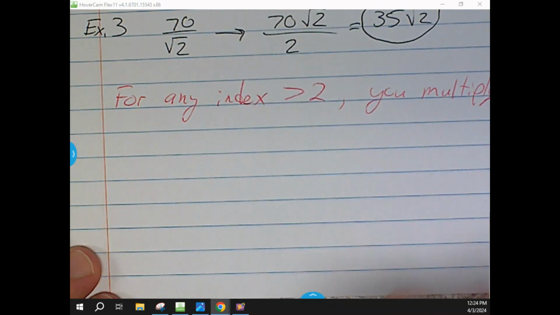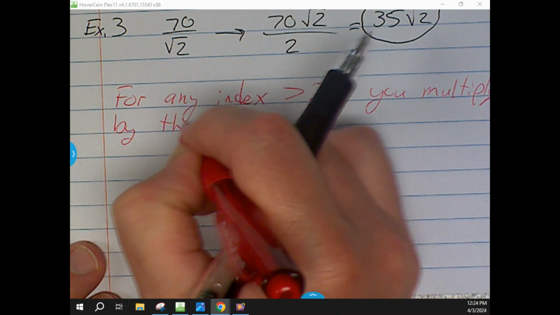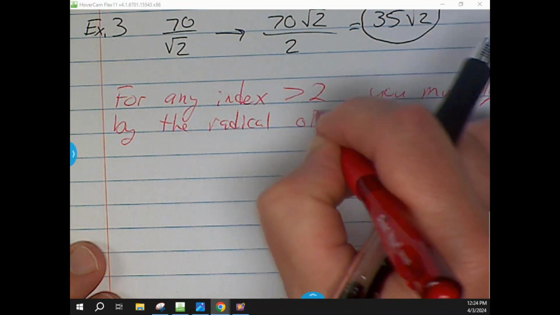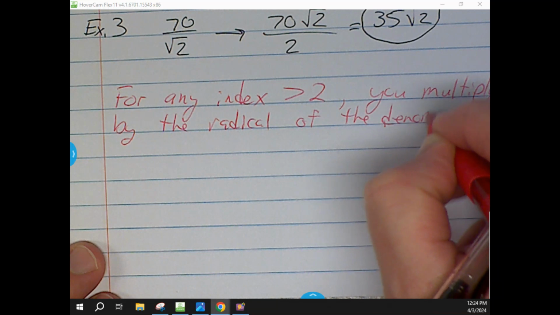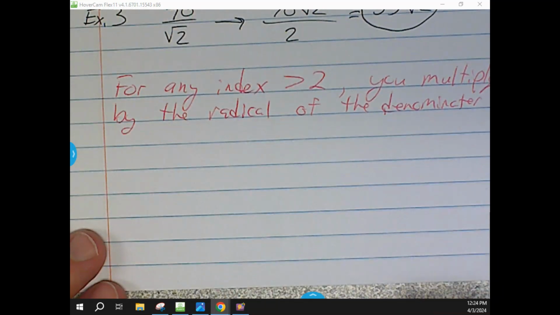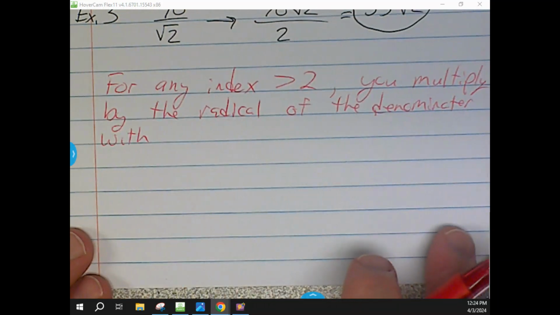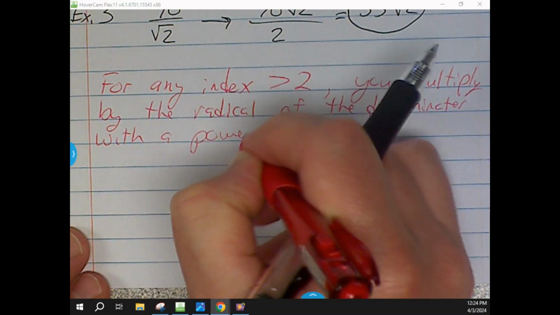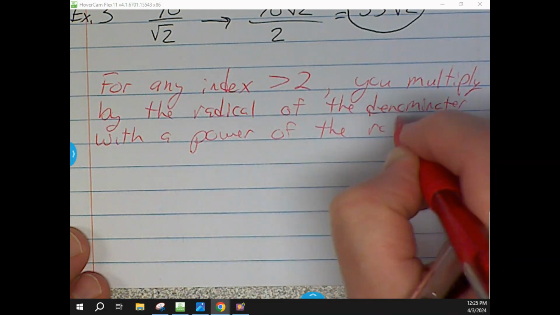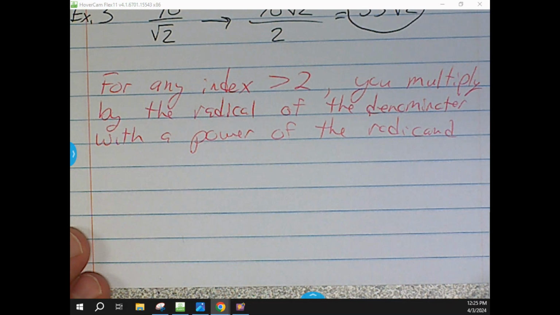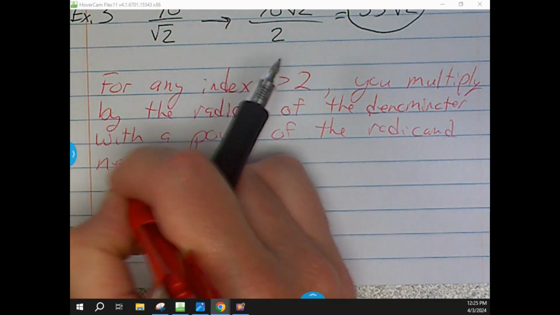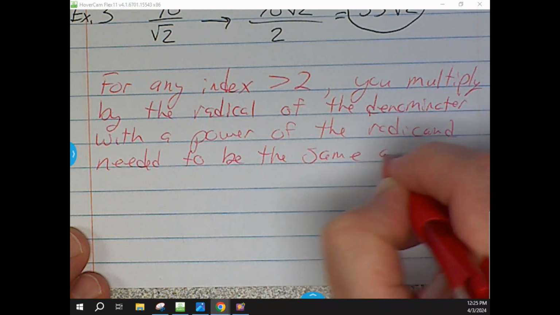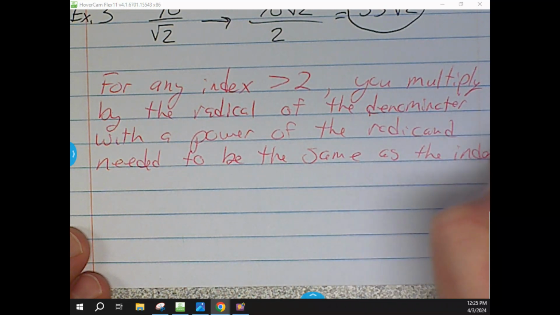You got to multiply by the radical of the denominator, with a power of the radicand needed to be the same as the index.